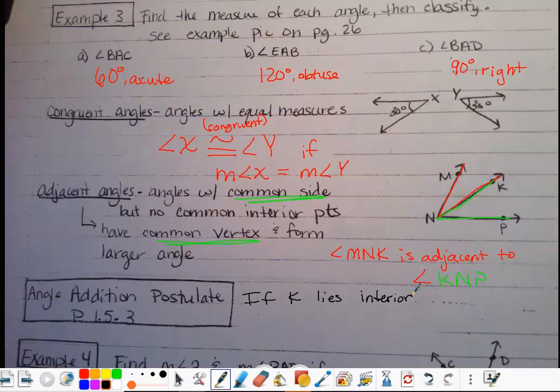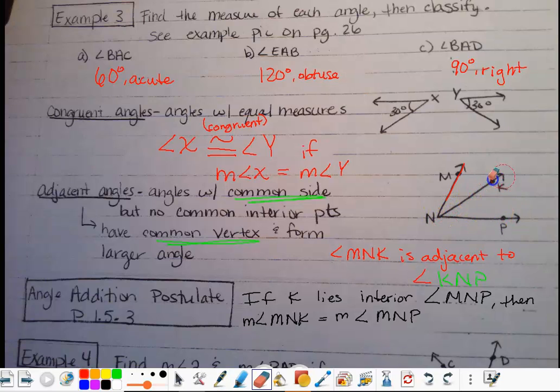So if K lies interior of angle MNP, then the measure of angle MNK is equal to the measure of angle MNP.